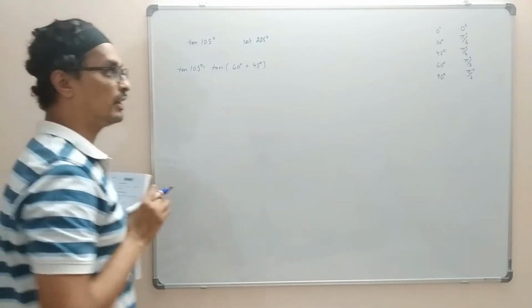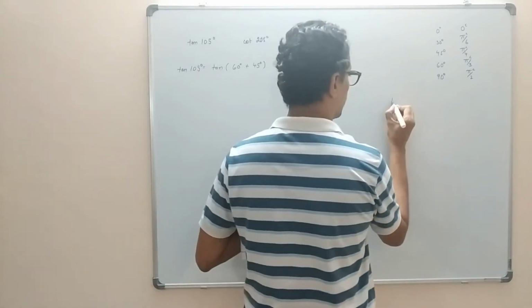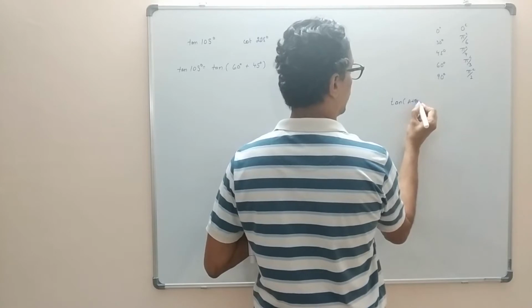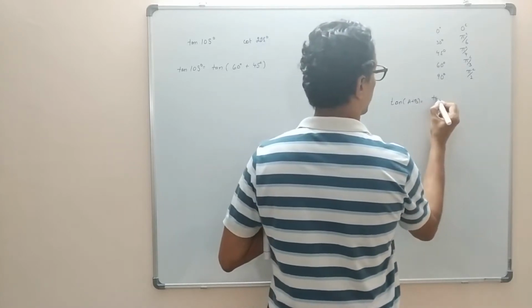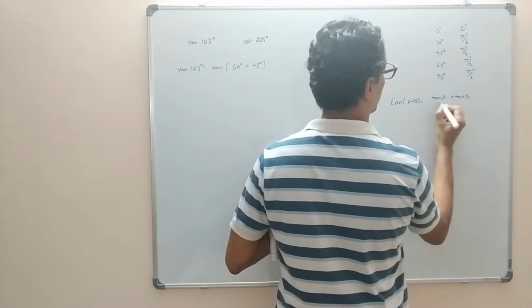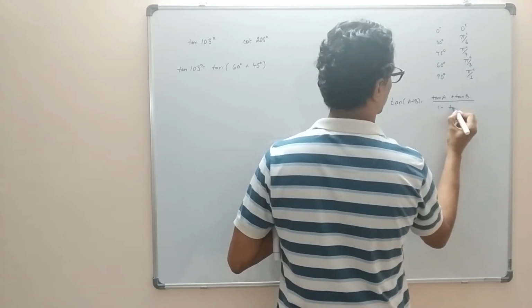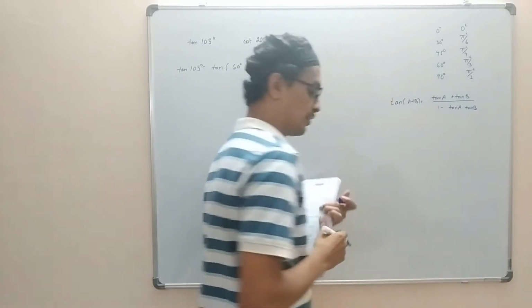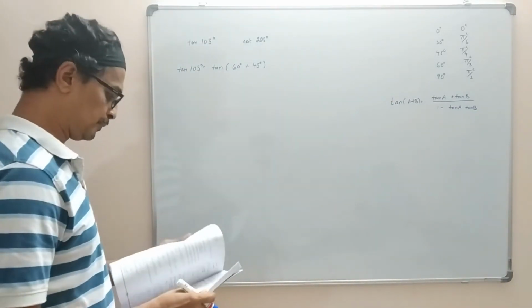So now we have the tan A, tan B formula, correct? Tan A plus B will be equal to tan A plus tan B divided by 1 minus tan A tan B. Am I right?